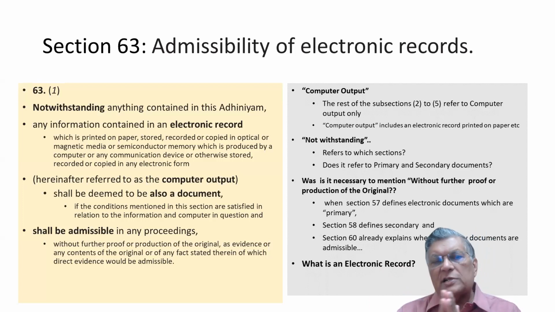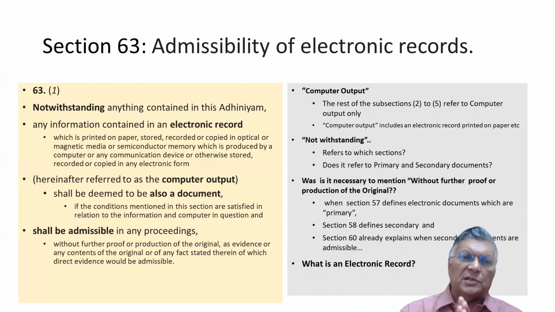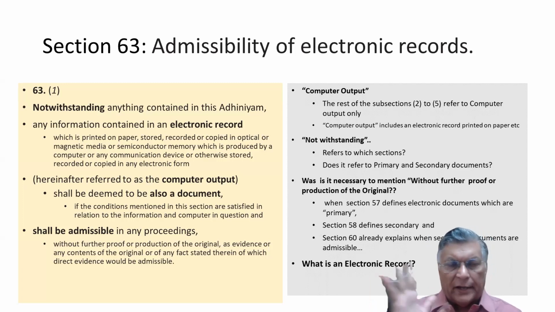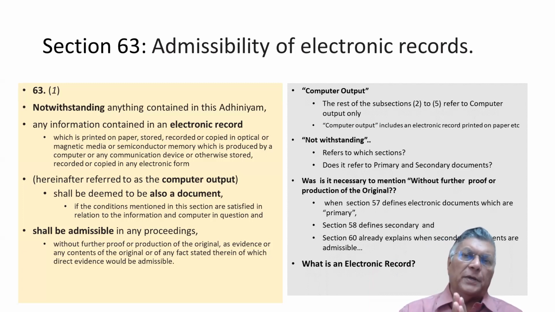Now, if you look at section 63, again, it has got 63 subsection 1, 2, 3, 4, 5. Now, the most important aspect of the earlier section 65B as well as the current 63(1) is to understand the scope of section 63. If section 63 is a code by itself, 63(1) defines the scope of this code. Now, what does it say?